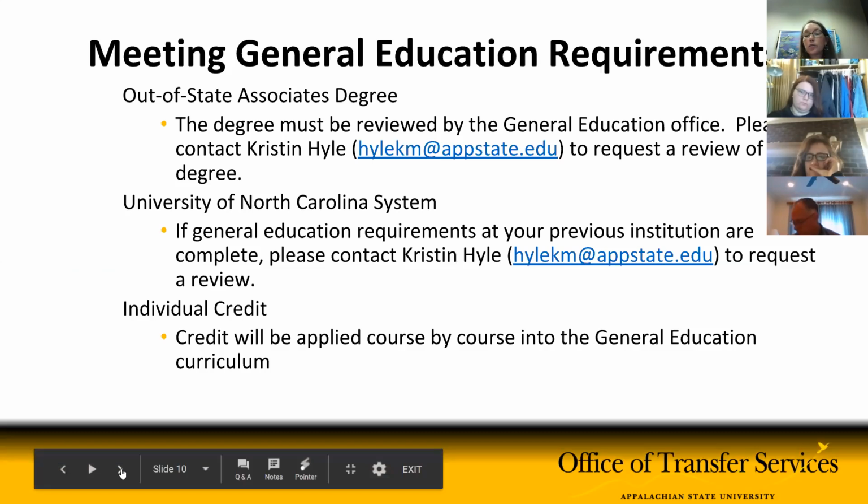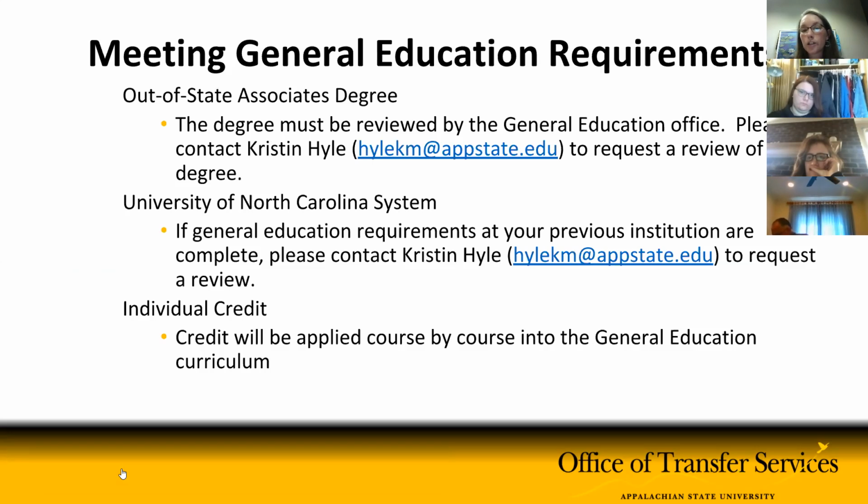So again, meeting general education requirements. If you are coming to us from an out-of-state community college and you have completed an Associate in Arts or Associate in Science, there is a chance that it will meet our gen ed requirements. It must be reviewed by the General Education Office, and you can contact Kristen Howell at howellkm@appstate.edu to request a review.